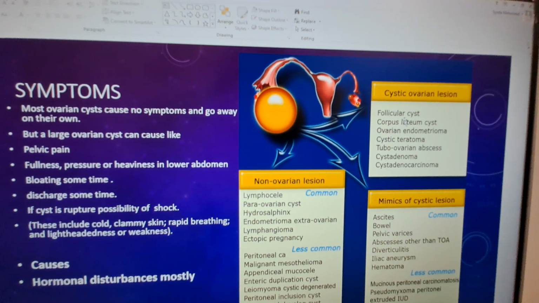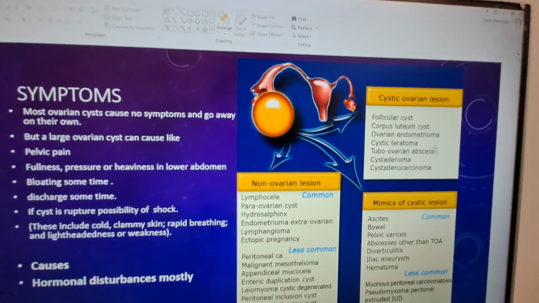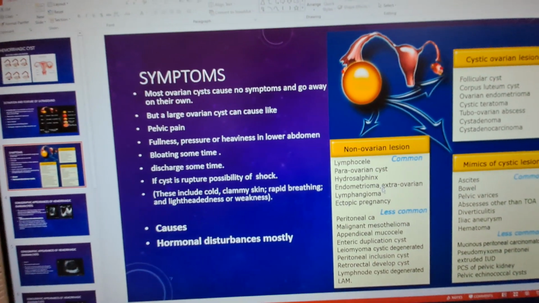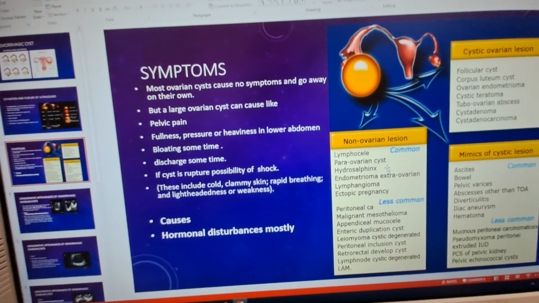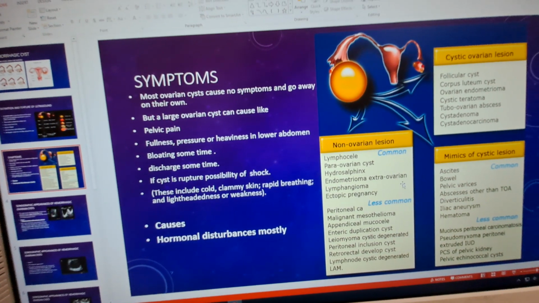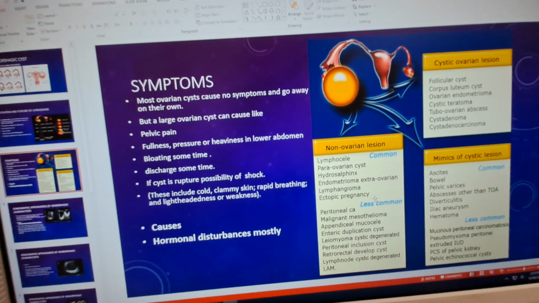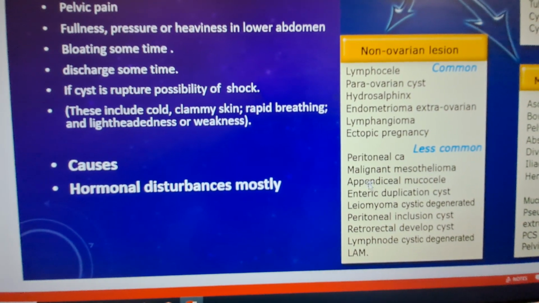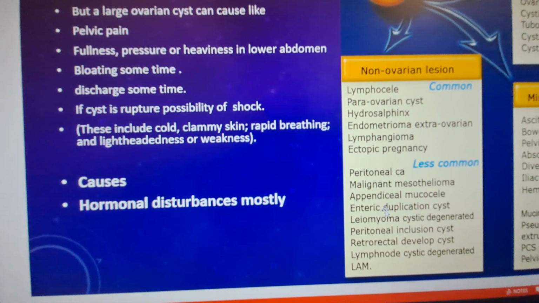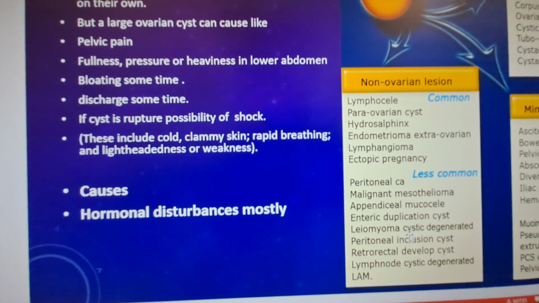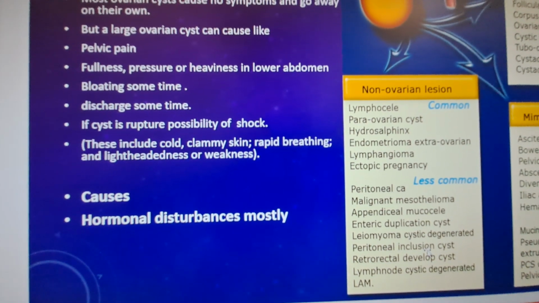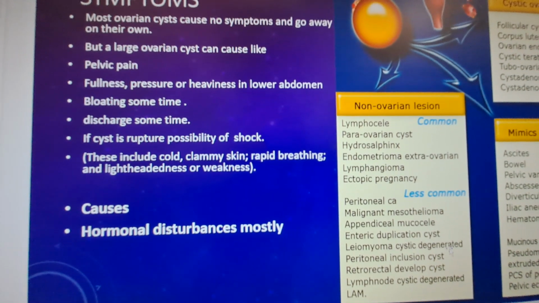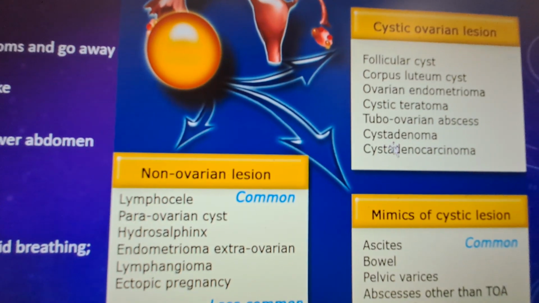First, the ovary can have follicular cyst, corpus luteum cyst, endometrioma, teratomas, tubo-ovarian masses, cystadenoma, cystadenocarcinoma. Then there are non-ovarian lesions like lymphocele, paraovarian cyst, hydrosalpinx, extra-ovarian endometrioma, lymphangiomas, cysts caused by ectopic pregnancy, and less commonly peritoneal cancers, malignant mesothelioma, appendiceal mucocele, duplication cysts, enteric duplication cysts, leiomyoma with cystic degeneration, peritoneal inclusion cyst, retrorectal developmental cyst, and lymph node cystic degeneration.